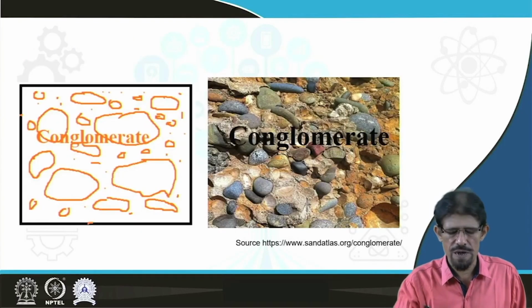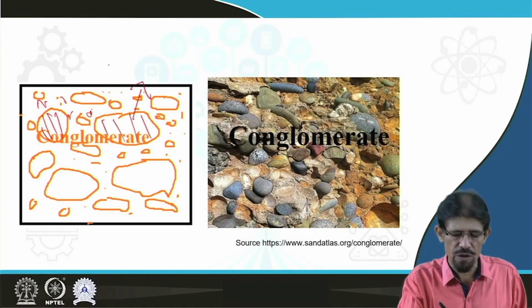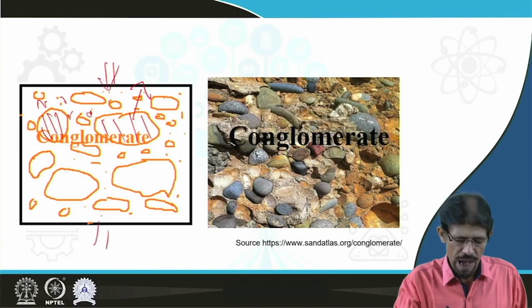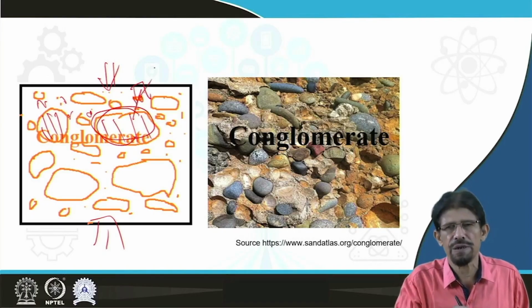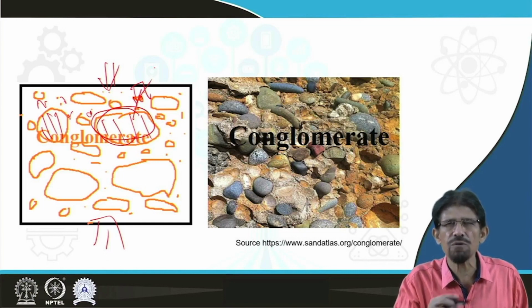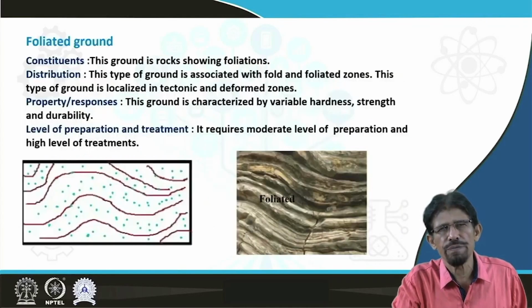Here we can see this type of ground having some finer material and some coarser rock fragments. So when we apply some force or some load, the behavior of the coarser component is different and the finer component is different. Therefore, it is heterogeneous in nature, particularly in strength response. So it requires a high level of preparation and treatment to ensure a good ground.